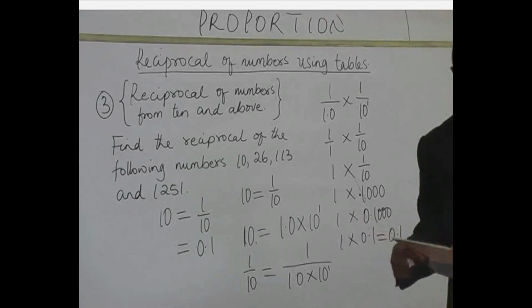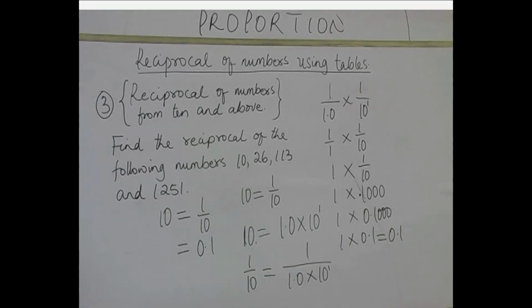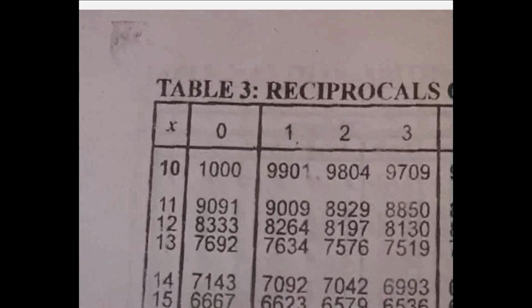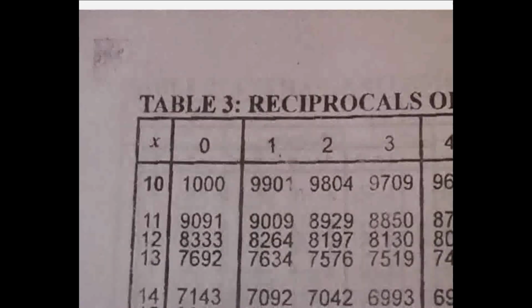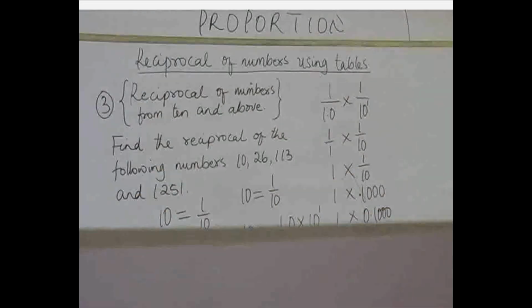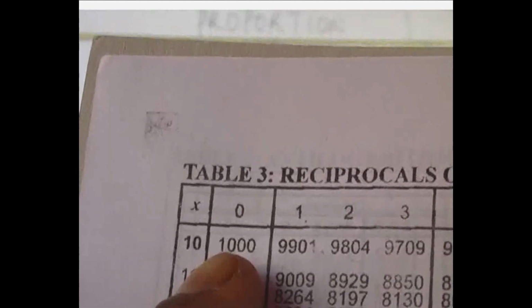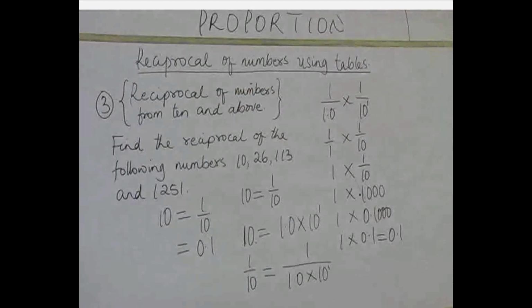Let me show you where I saw 10 under 0. This is the 4-figure table, and this is page 6. If you come down here or up there, you're going to see 10 under 0. That gave us 1000. You can see it there. 10 under 0 is 1000, and that's exactly where we got the number you saw on the whiteboard.